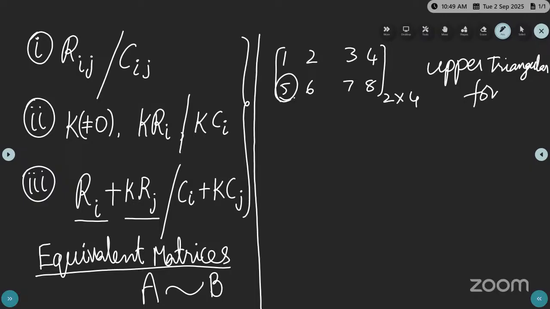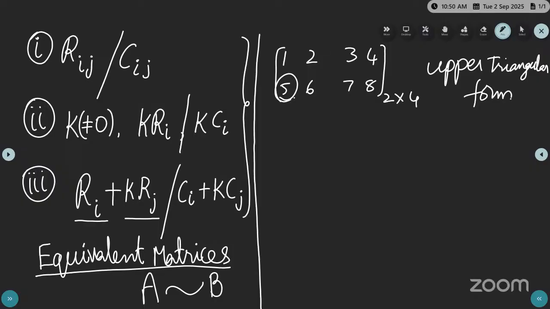Not exactly an upper triangular matrix, because it is not a square matrix. But it will be reduced into such a form. It looks like an upper triangular matrix, so we call it upper triangular form.